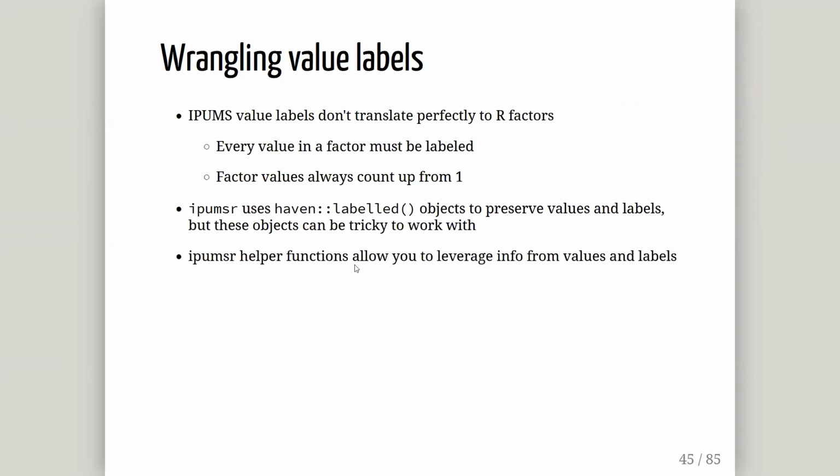So the ipumsr helper functions allow you to leverage the info from the values and labels and transform these haven labeled objects into a factor or a regular numeric or character vector so that you can use it in your analysis. You can reference the values and labels to recode the variable in the way that you want it.